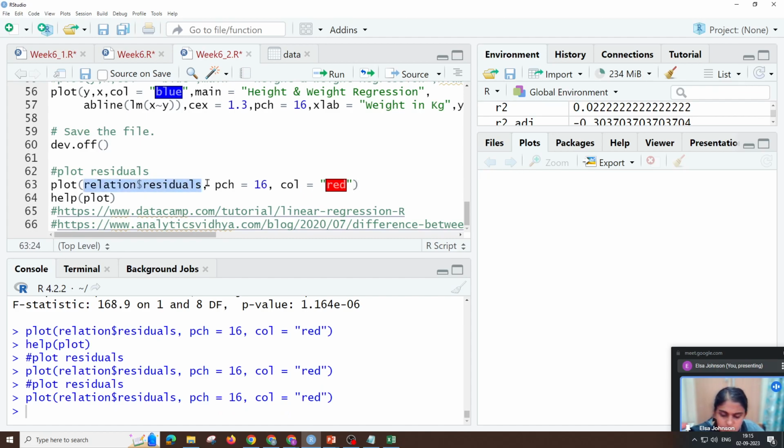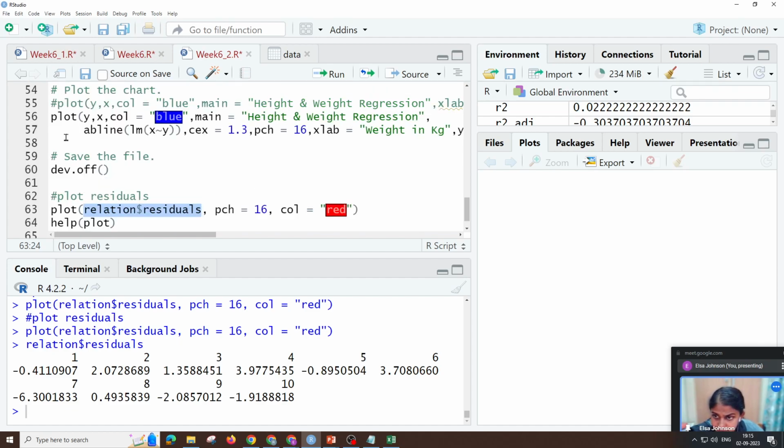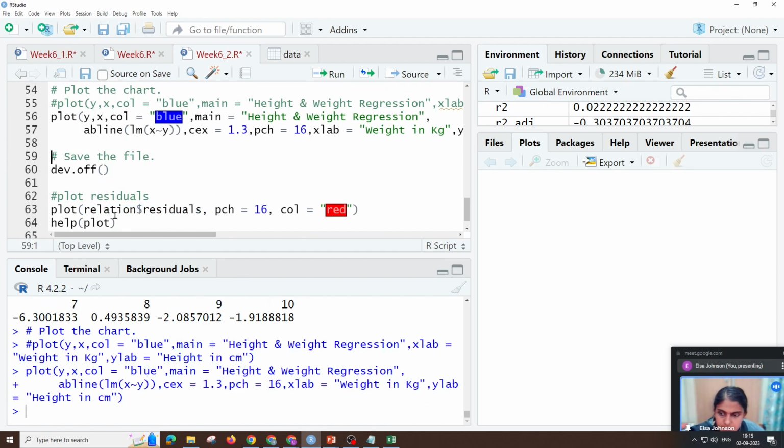Okay, just wait a moment. So this is the residuals in the relation.